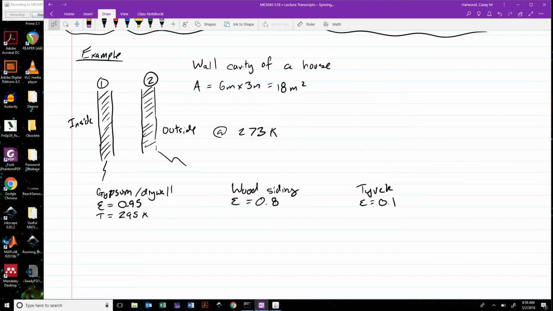So the question is, how much heat are we losing through this wall if we have just put up wood siding, or if we were to put a paper-thin sheet of Tyvek between this wall cavity and the outside wall?